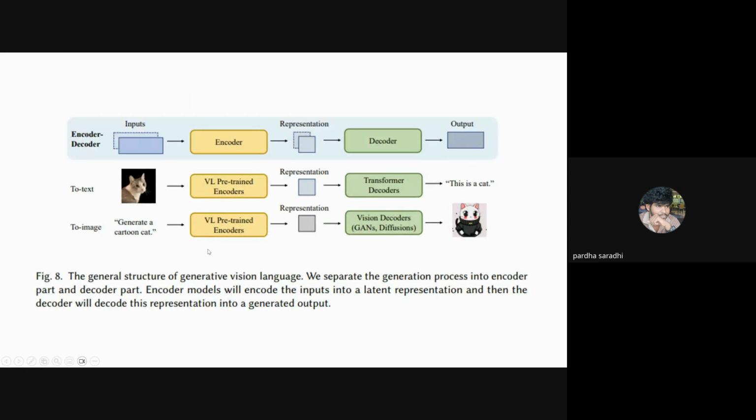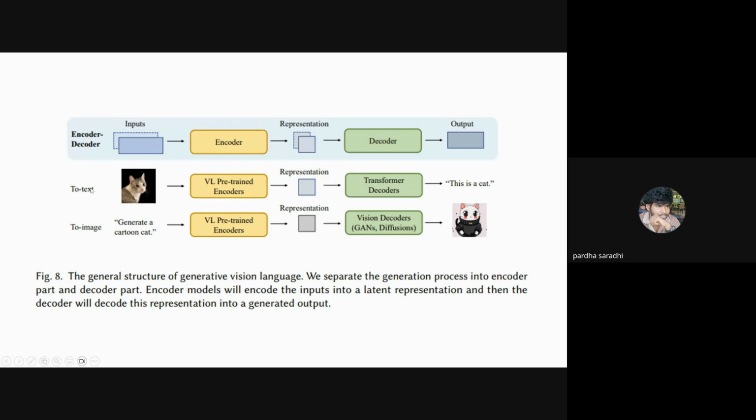Okay, and this slide is about vision language gen models and how they work. We have inputs and then an encoder model, and then there is a representation or latent space. It's like a variational encoder, then a decoder, and then we get the output. This is the normal flow.